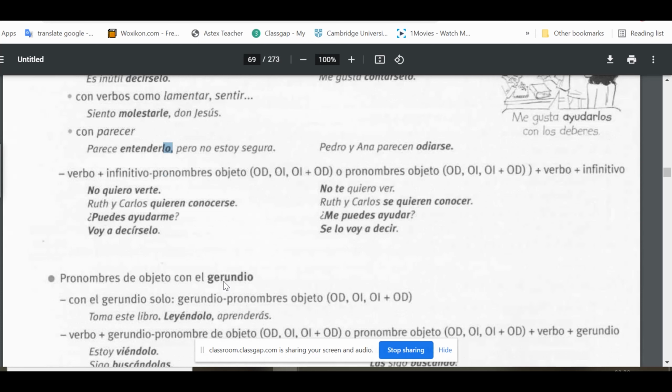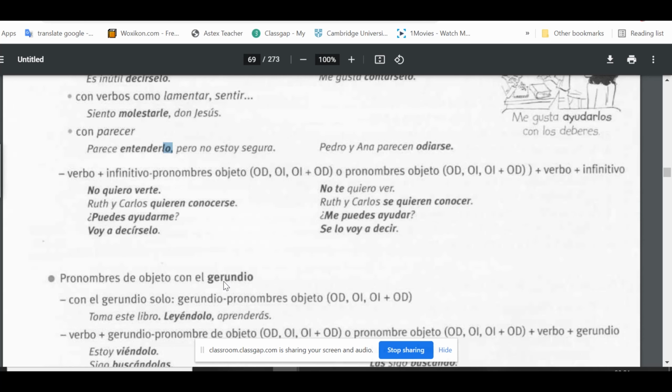Sometimes you're going to have this with another verb. In this case, you have two possibilities: before the first verb, or after the infinitive, attached. For example, no quiero verte. No te quiero ver. Same thing, okay?